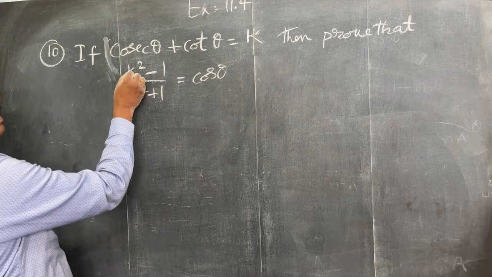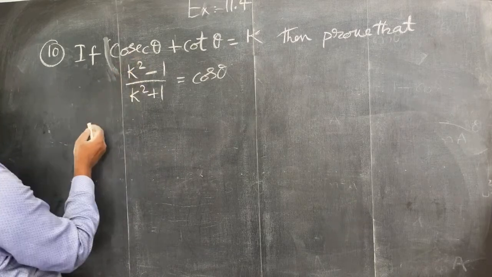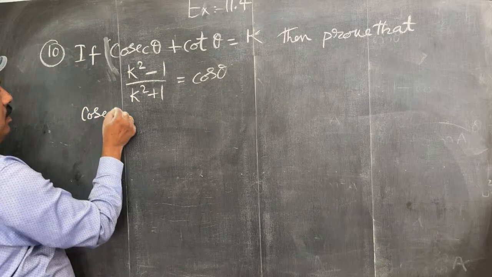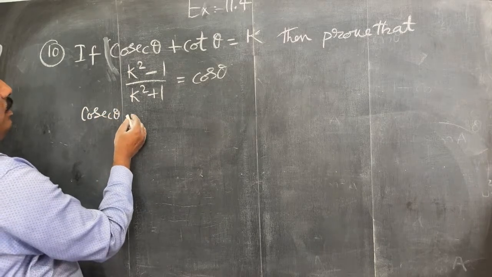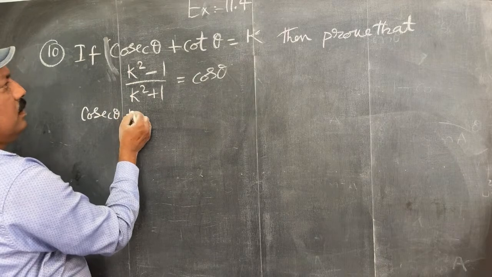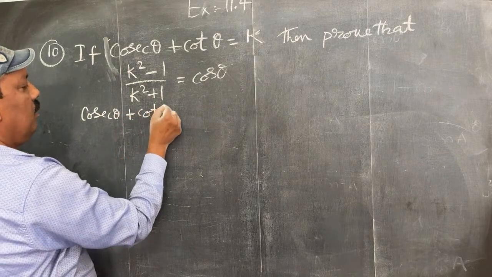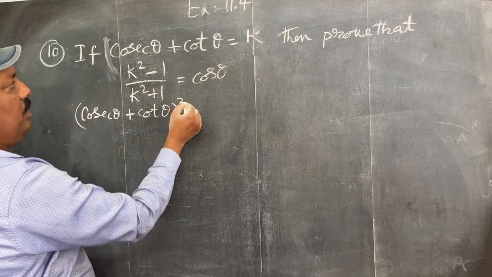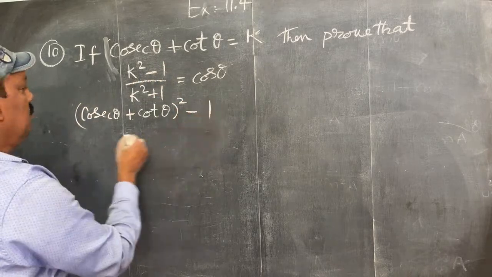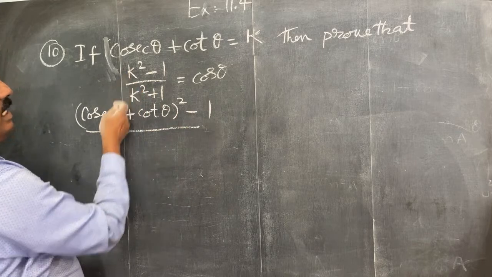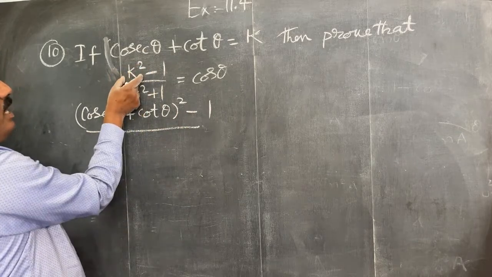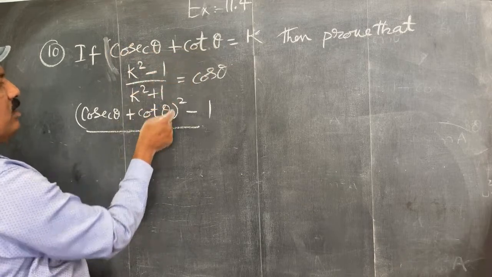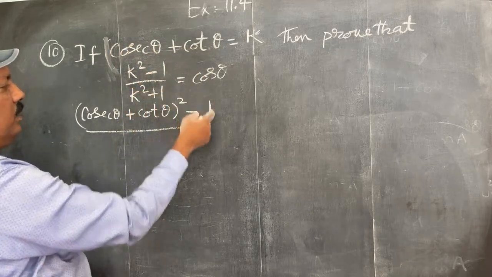So in the place of k, I will put cosecant theta plus cot theta. Why? Because we already said that. That is the whole square minus 1. Check clearly, in the place of k, I am using the k value, cosecant theta plus cot theta, whole square minus 1.